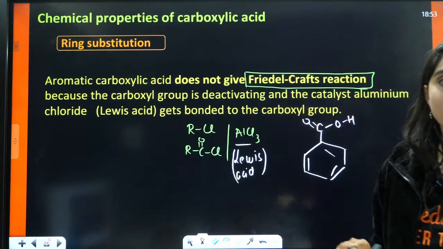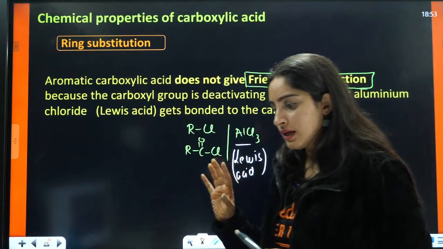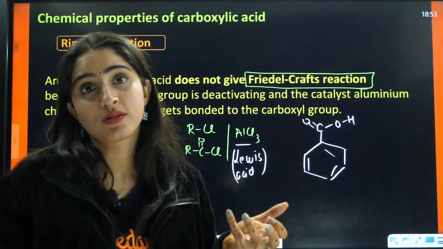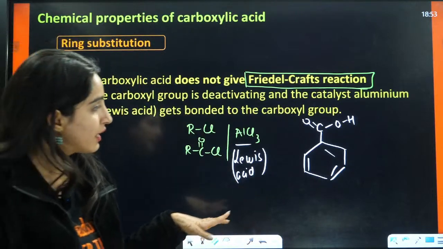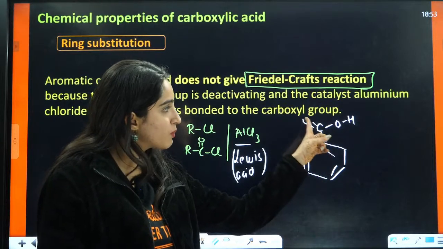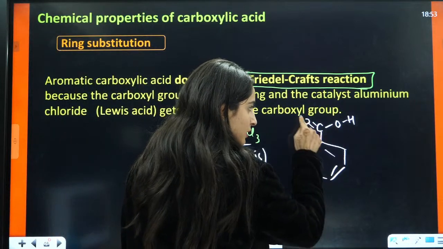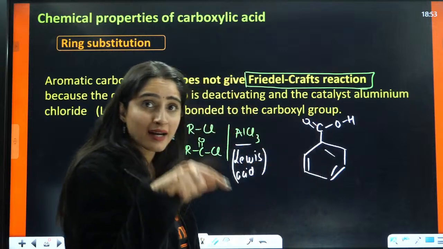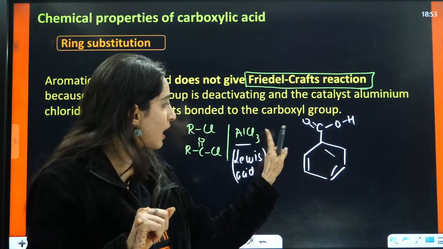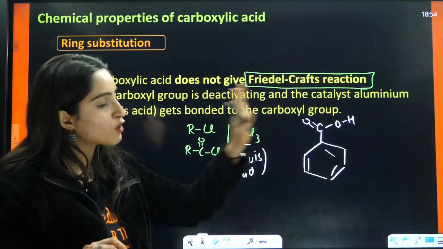So what will it try to do? A Lewis acid basically has a deficiency of electrons, and we know that electrons are more over here, on C double bond O, OH. The electrons are delocalized here. That is the reason this Lewis acid will attack this carbon directly, rather than forming an electrophile with RCl or RCOCl.